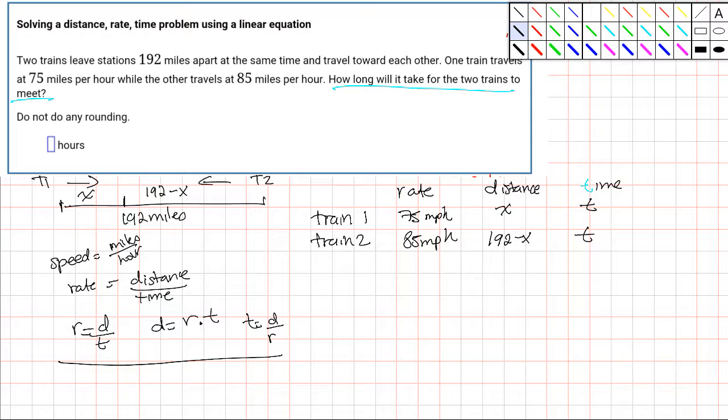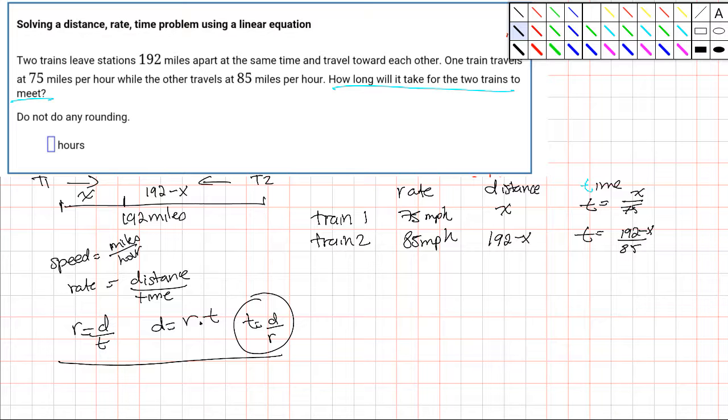Now, I can also say what the time is. The time for the first equation is distance over r, so it's x over 75. And for the second one it's 192 minus x divided by 85.